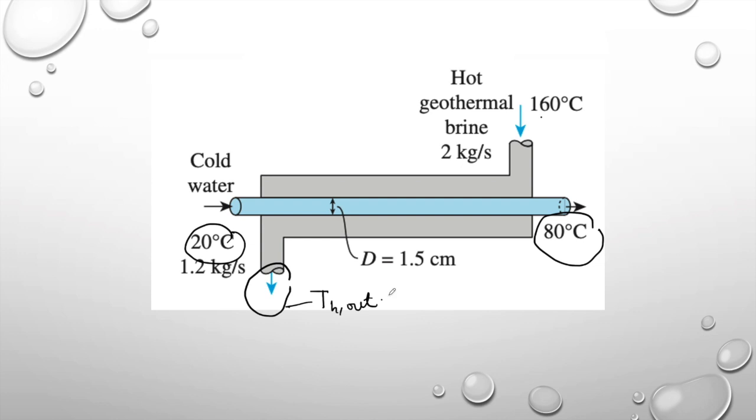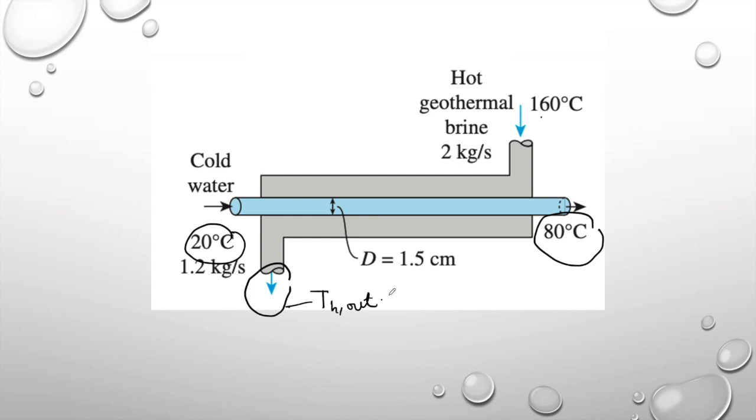As you can refer back to your LMTD method, LMTD requires a temperature value for every inlet and outlet. In this case, we do not have the outlet temperature for the geothermal brine.